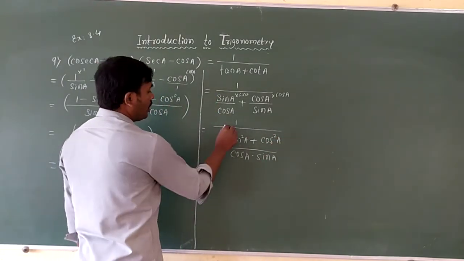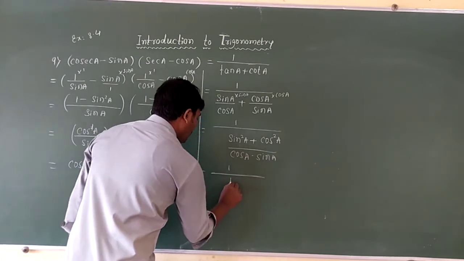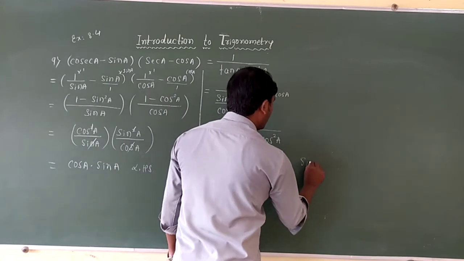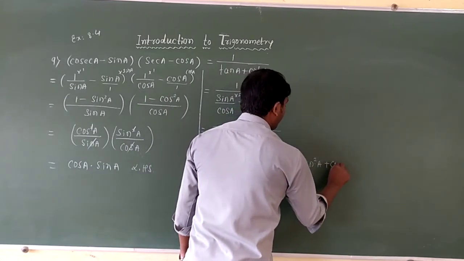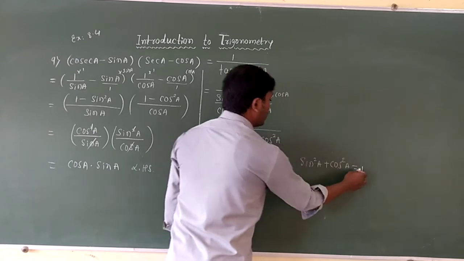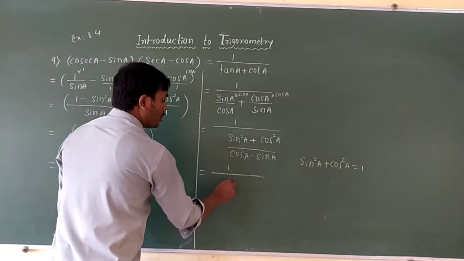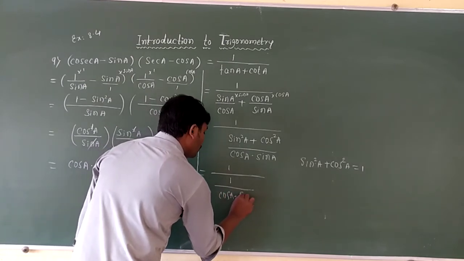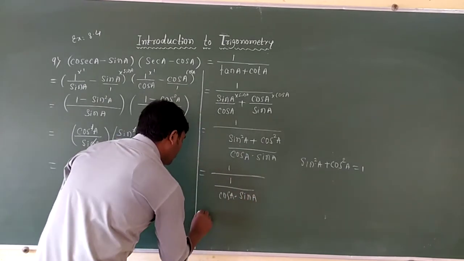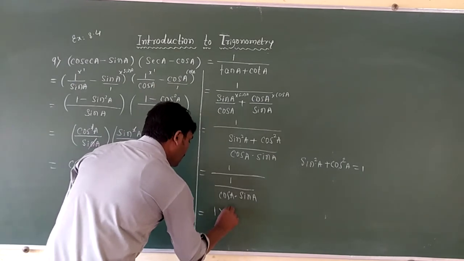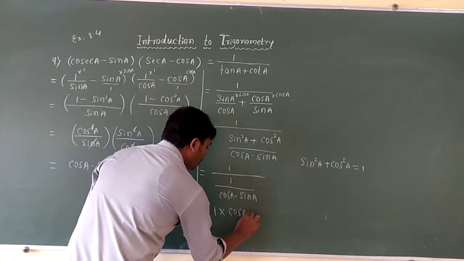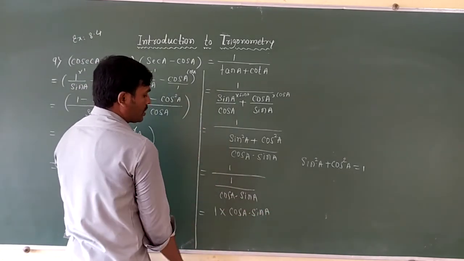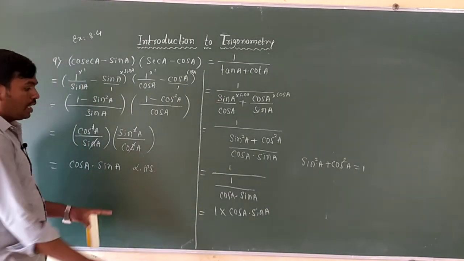This is equal to 1 divided by 1 over cos A into sin A, where sin square A plus cos square A is equal to 1. We know the identity. Let us take this value here. So it becomes 1 divided by cos A into sin A. Simplify this again: taking the reciprocal, it becomes 1 into cos A into sin A. This is the RHS.